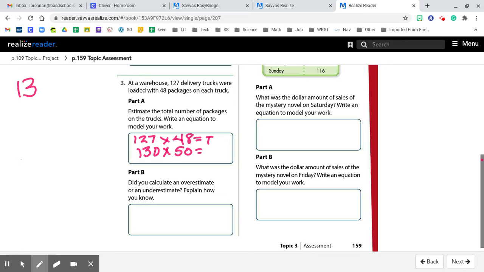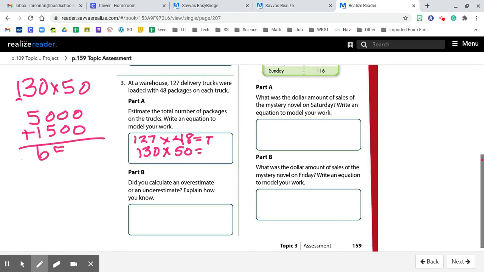And a quick way of 130 times 50, you can actually break this up using distributive property. You can say 100 times 50 would be 5,000, and 30 times 50 would be 1,500. And when you add that up, you get 6,500. That's one way you can use a distributive property.